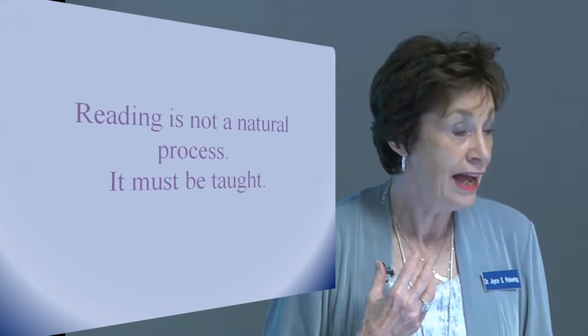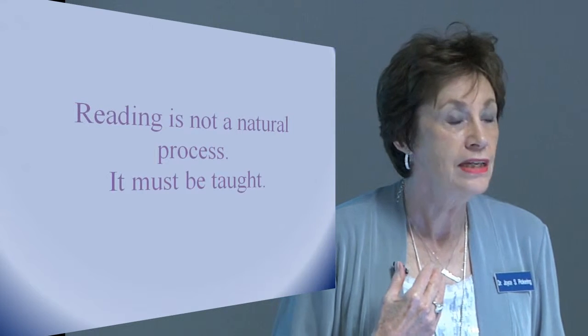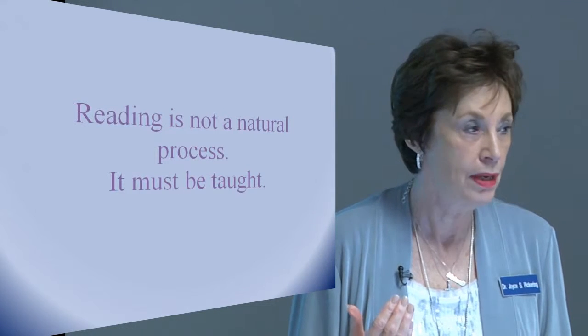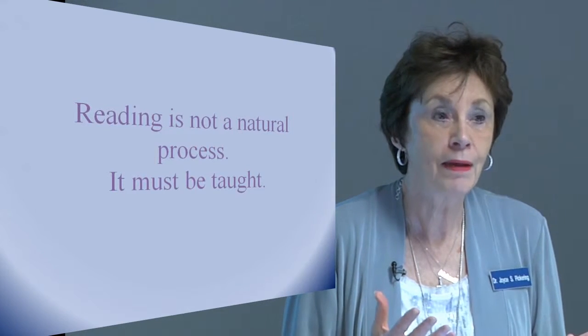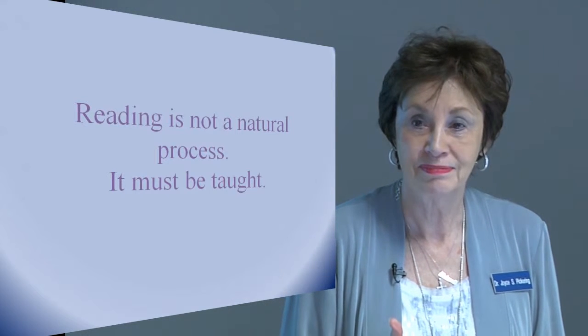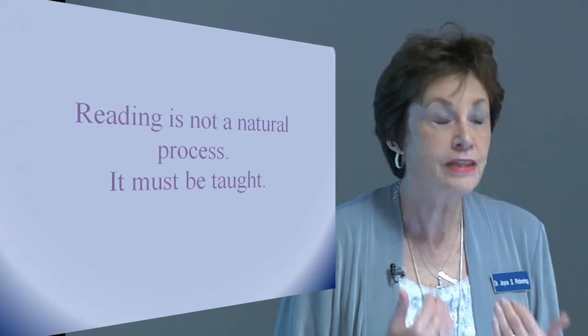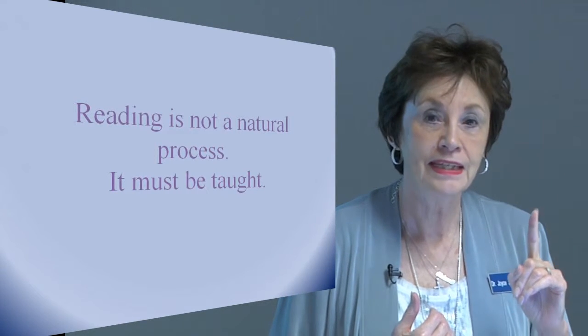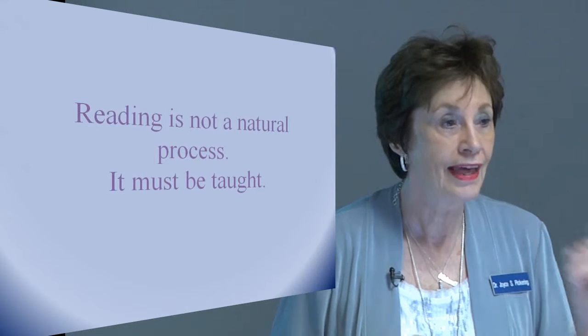And because I think there's a very strong visual and auditory processing system, they have been able to pick up the code of the language without direct instruction. But in my experience, that's only about 1% of the population that is actually really reading that early.